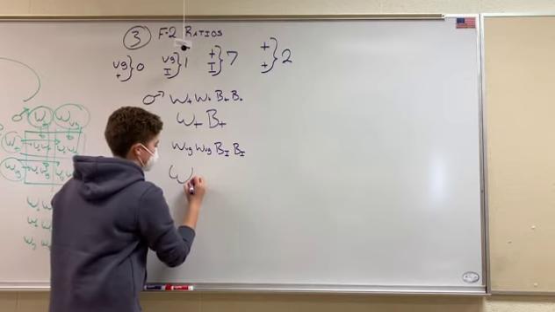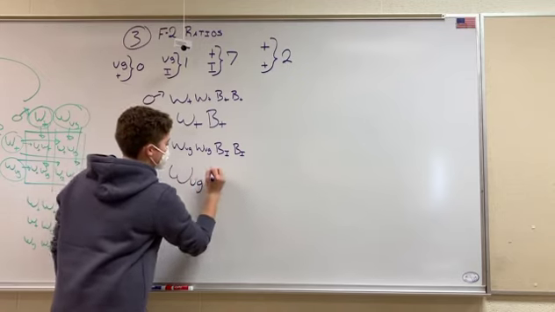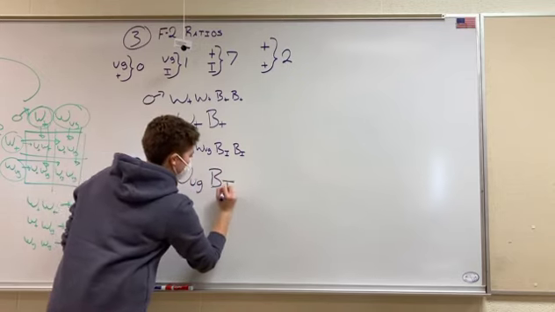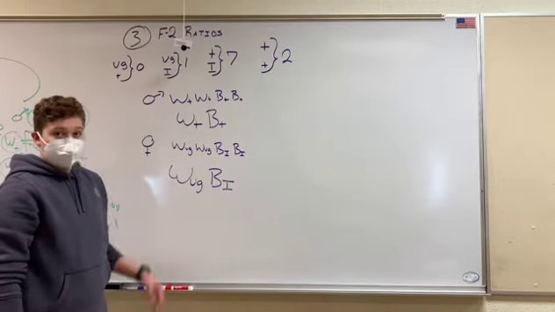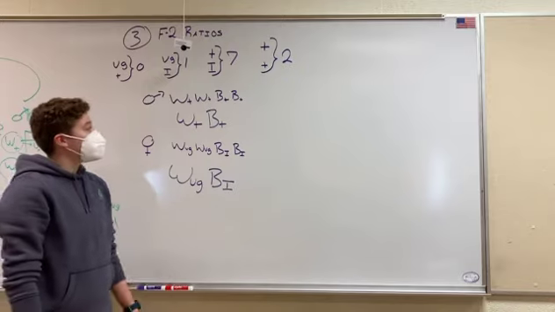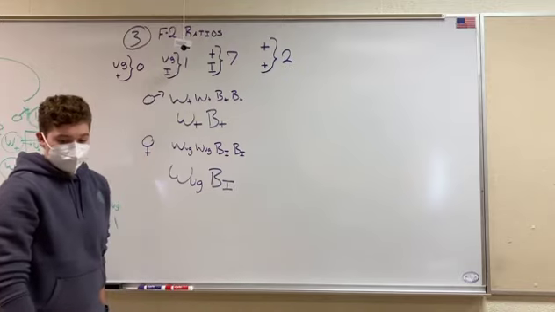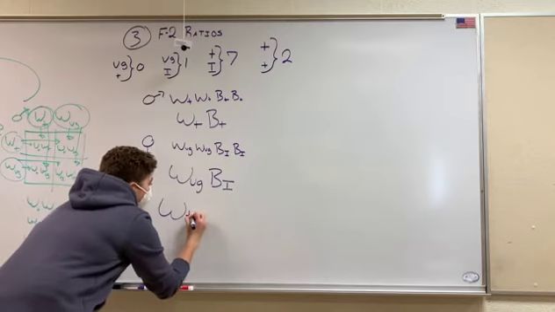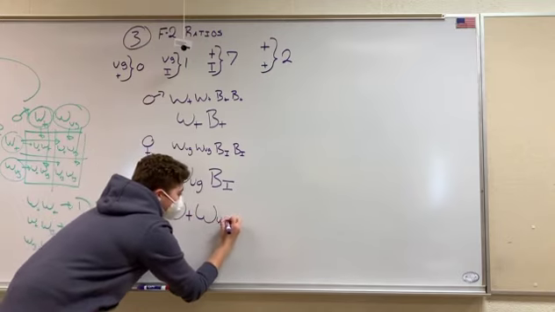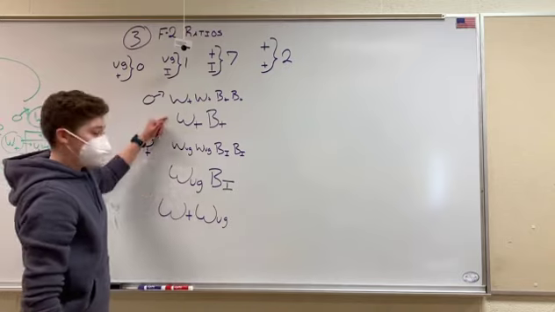Same thing here. This one's homozygous as well. So wings vestigial, body yellow. These guys are what we're crossing. No matter how you cross them, you're going to come up with the same things. You're going to have a wings wild, wings vestigial, one of each.